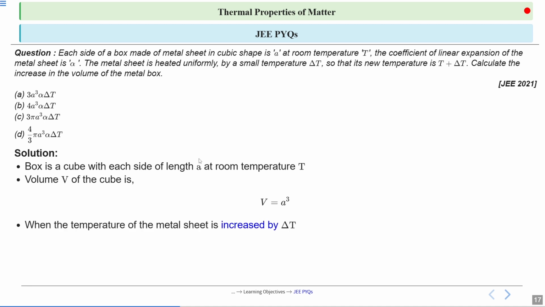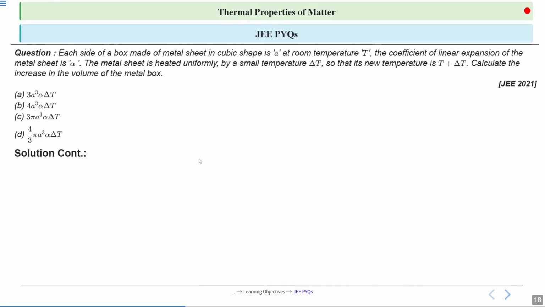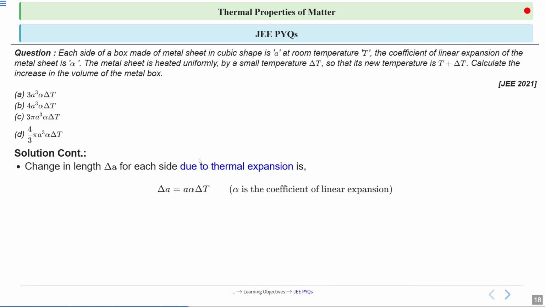When the temperature of the metal sheet is increased by delta T, each linear dimension of the cube will expand. So suppose we have a cube and when we heat it, its dimensions will increase. Alright. The change in length delta A for each side due to thermal expansion is delta A equal to A into alpha into delta T. Here alpha is the coefficient of linear expansion.